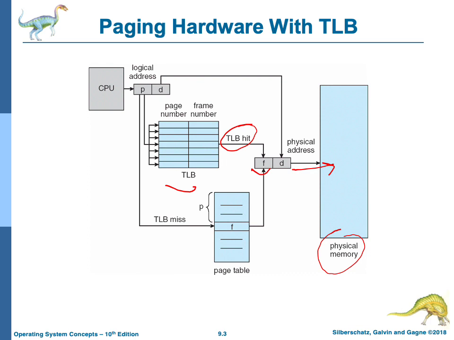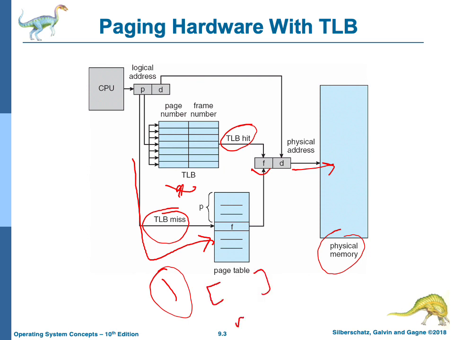Now the problem happens if we have a miss, meaning we did not find that page number in the TLB. In that case we do have to do one access to memory to get the frame from the entire page table, which is saved in memory, and only a subset of it is in the TLB.